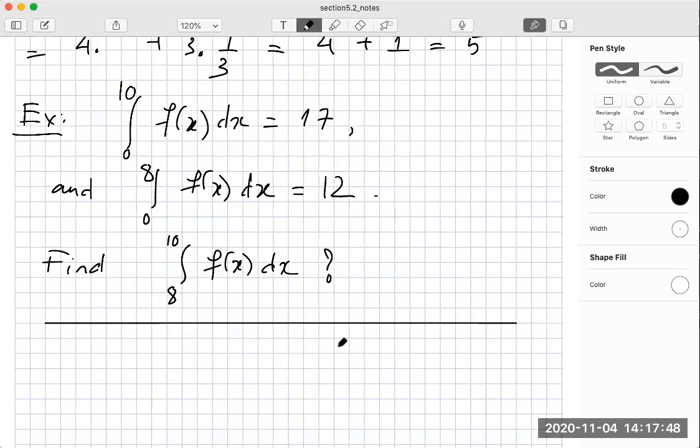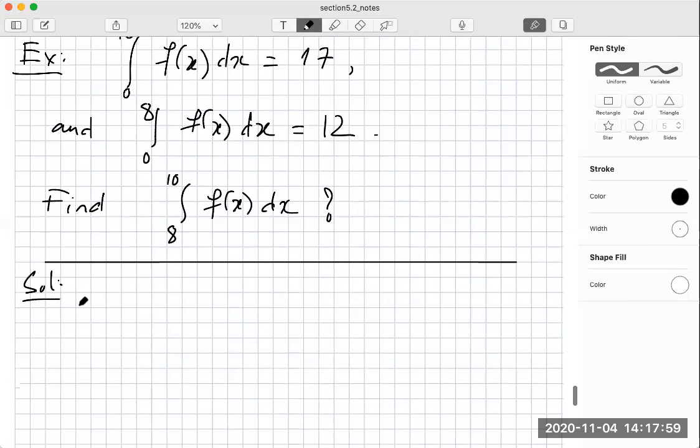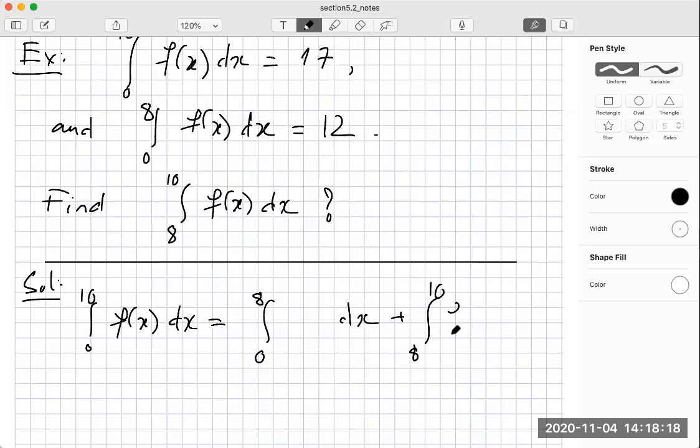So look at the notes. Which relation should we use here? Yes, the sum of intervals. The integral from 0 to 10 of f(x) dx, we separate into two integrals, from 0 to 8 and from 8 to 10, okay?